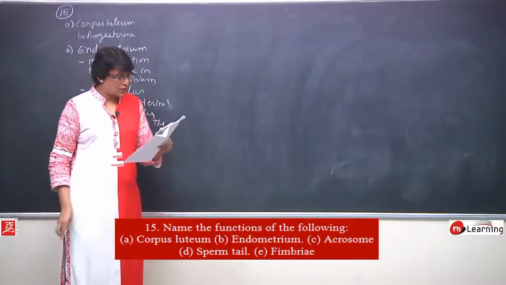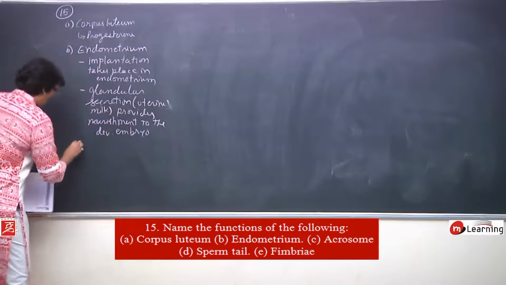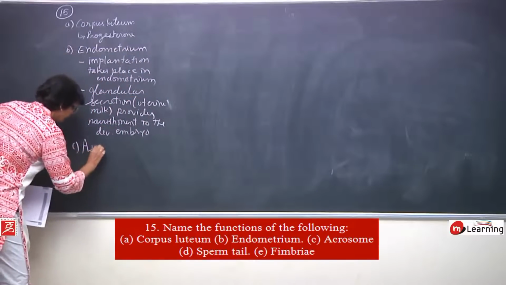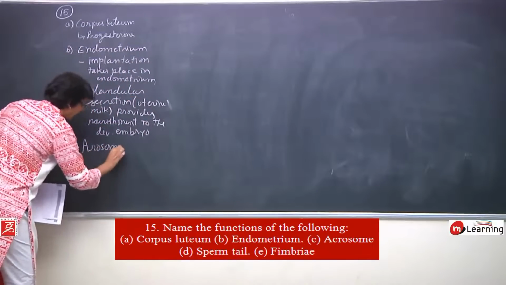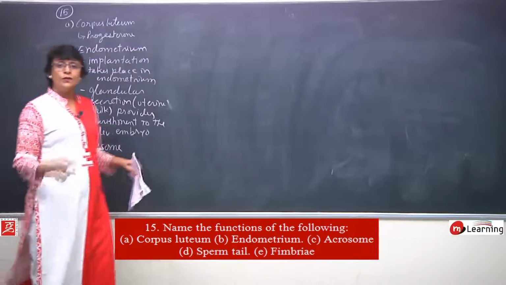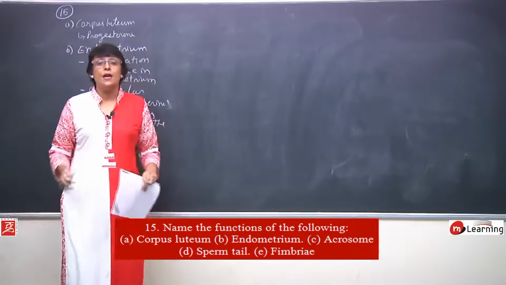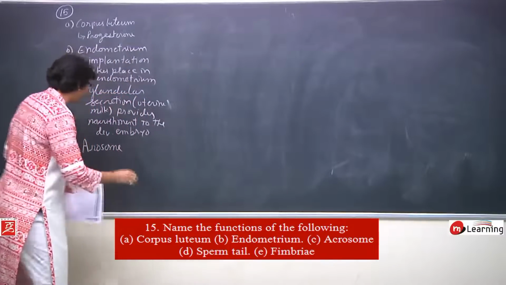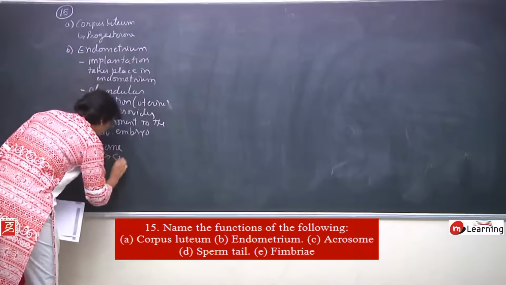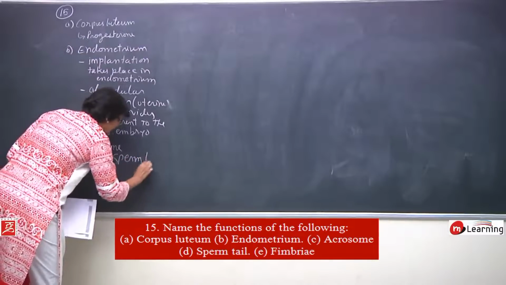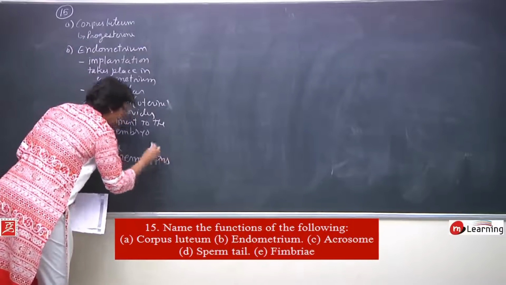The next structure is acrosome. Acrosome is found in the head region of the sperm. It releases sperm lysins.